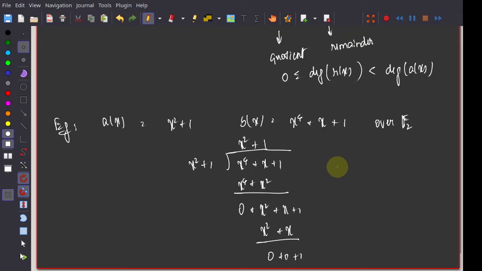Right? So I can write x to the 4 plus x plus 1 as x square plus 1 times x square plus 1 plus 1.